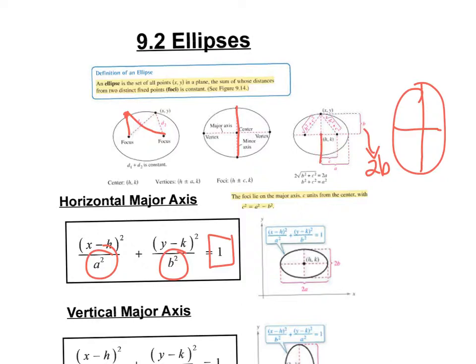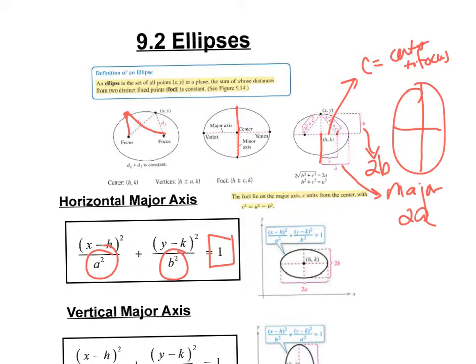The distance between your center and one of your foci is c. So c equals center to 1 focus. Plural is foci. Then your a value is your distance from your center to one edge along your major axis. So your major axis is 2a, always, okay?